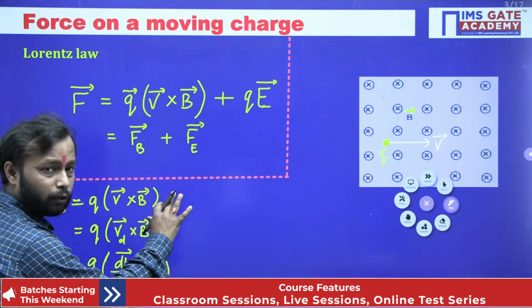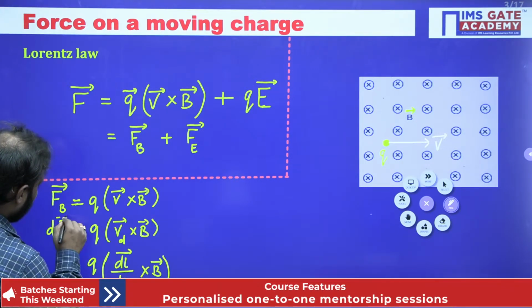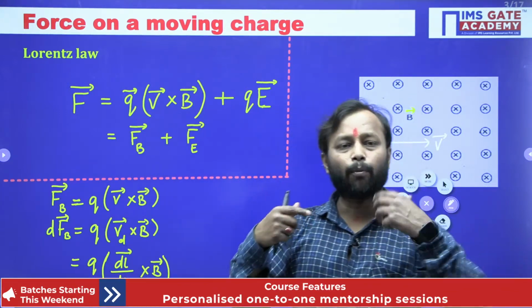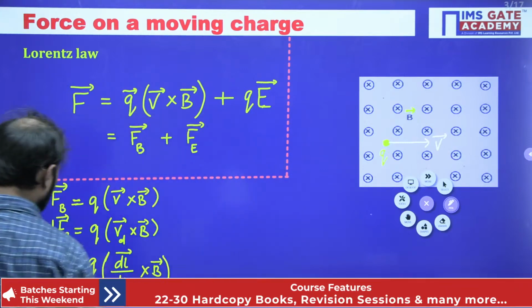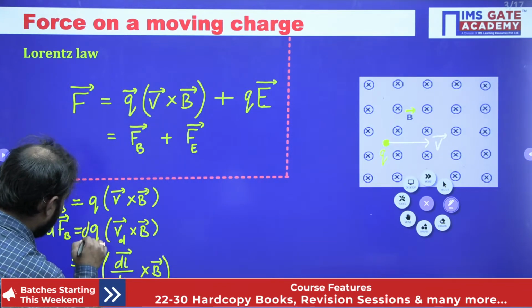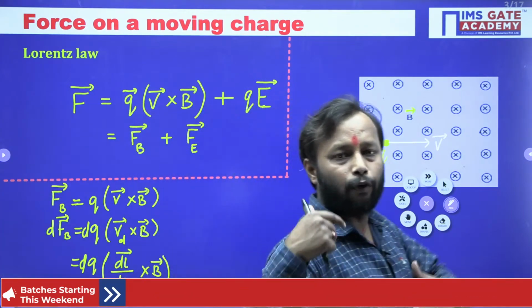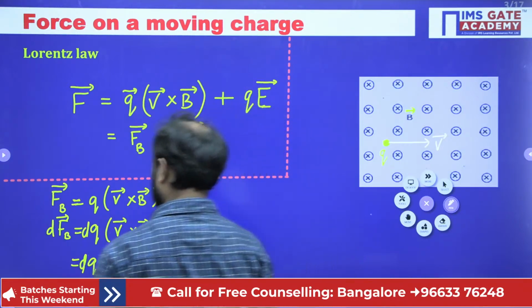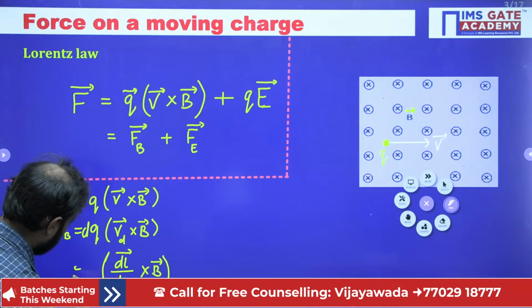This is the force equation. Then for a small amount of charge, what will be the force? Del F, isn't it? So it will be del Q for the force experienced by a small charge. Now let me take dt to here. Just a second.